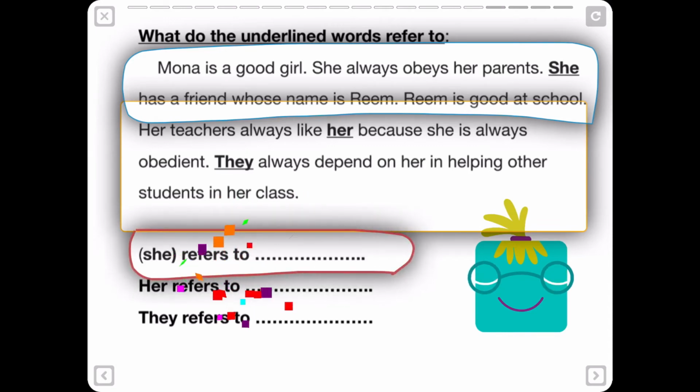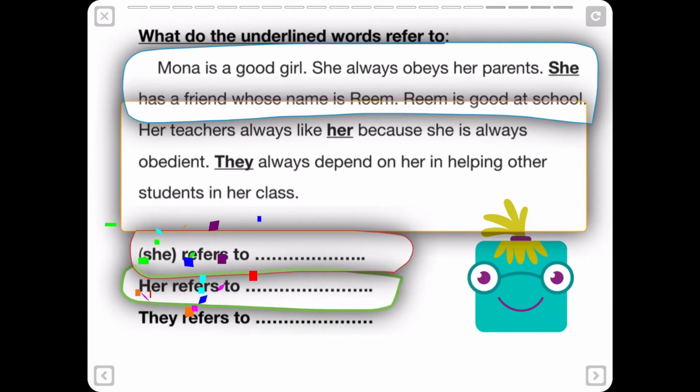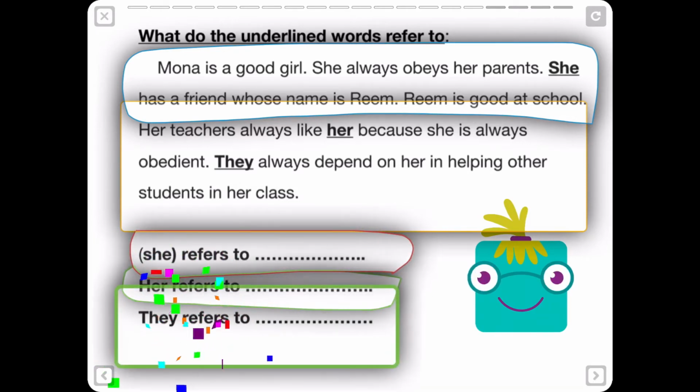So, could you read the passage again and find out what "she" refers to, and "her", and also the pronoun "they" refers to what?